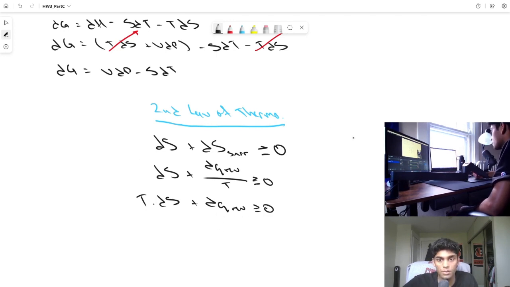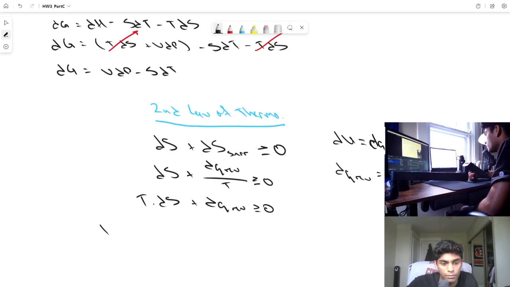And let's use our first law of thermodynamics here as well. dq minus dw, aka dq rev, is equal to dU plus PdV. We're going to plug that in here.